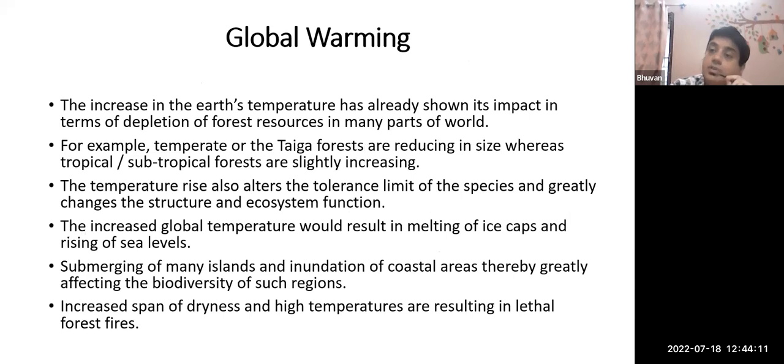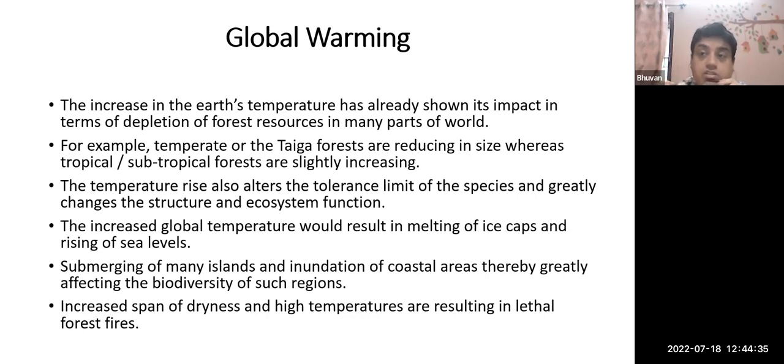Next is global warming, and global warming is a major threat for biodiversity. The ice caps are melting very fast. The sea levels are rising. The amount of carbon dioxide in the oceans, which leads to ocean acidification, is impacting the coral reefs. Coral reefs are very sensitive towards temperature.